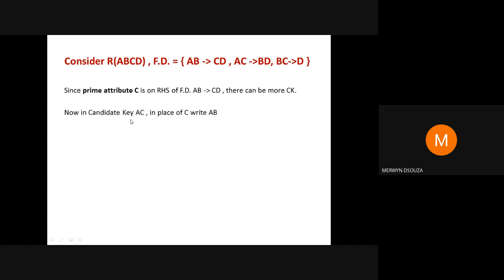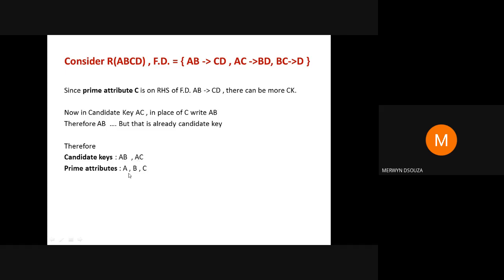Now in the candidate key AC, in place of C you write AB. But AB has already been declared and found as a candidate key, so we do not need to check it again. Therefore we stop. We have found that the two candidate keys for this relation are AB and AC.